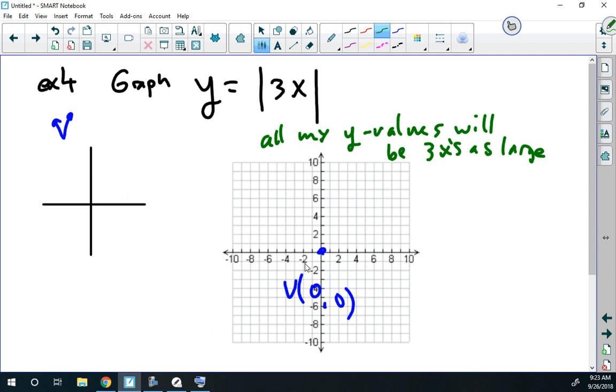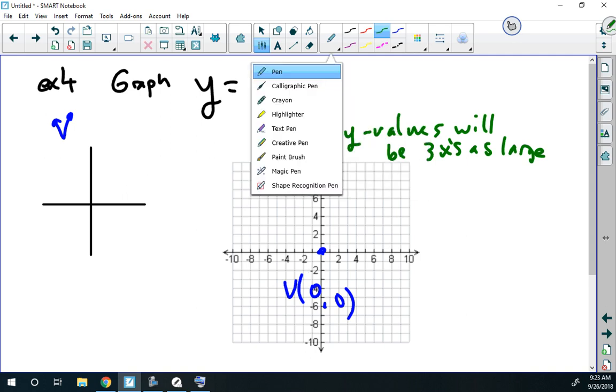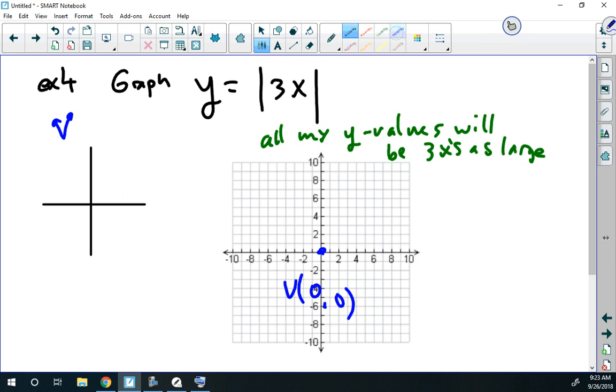What I mean by that is, in the past, let me see if I could get a crayon here. I like this crayon. There we go. So in the past, I would have gone over 1 and up 1, and over 2 and up 2, and over 3 and up 3, right? But that was in the past. This one says all my y values are going to be 3 times as high.